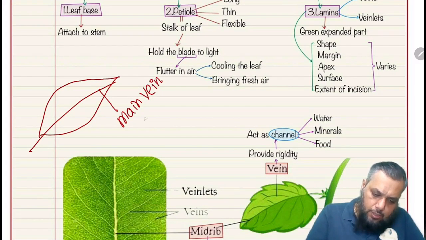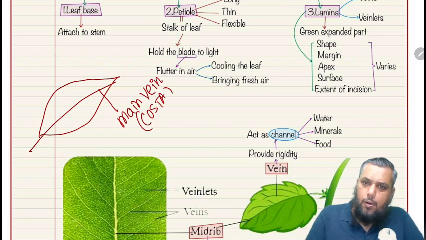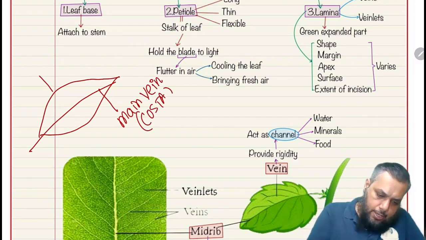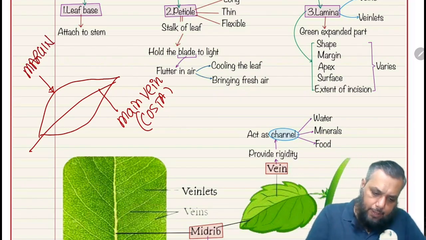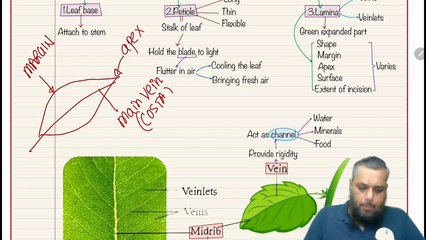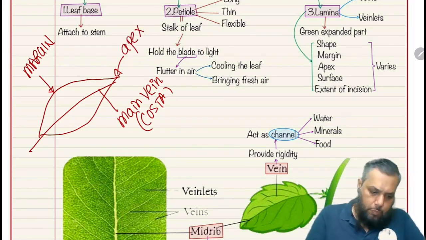This main vein is also called costa, and this is the margin of the leaf, and the apex of the leaf.